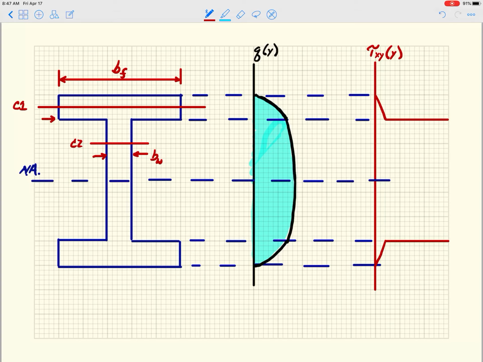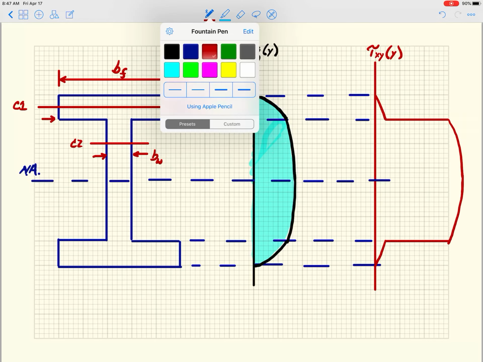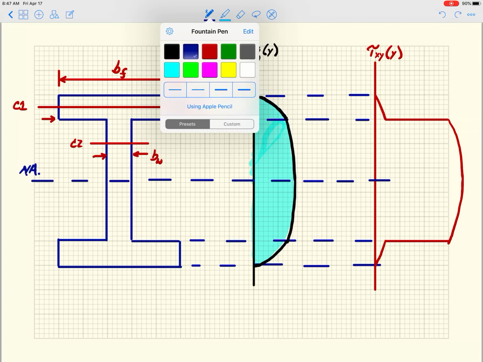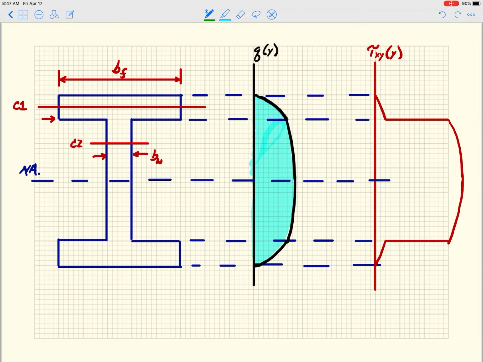Okay. And then we're back to this same sort of distribution. One way to look at this, a very good way, is that, maybe I'll do this in green. It looks ugly, but the point is just so you can see the difference.